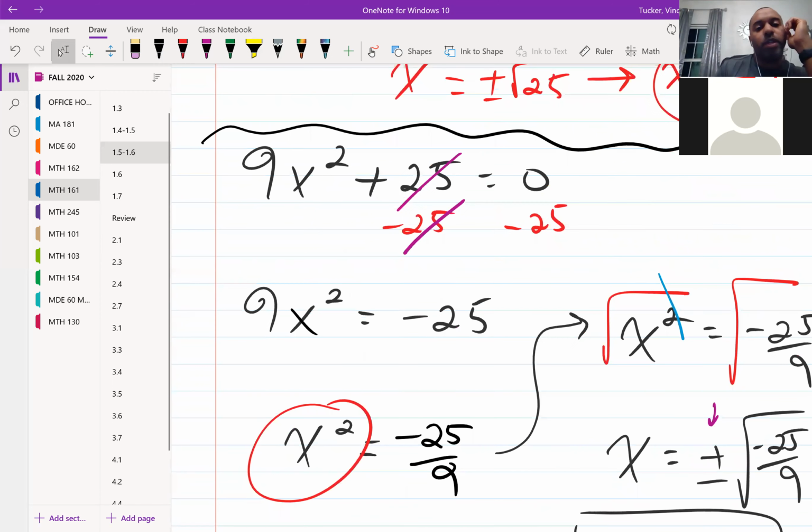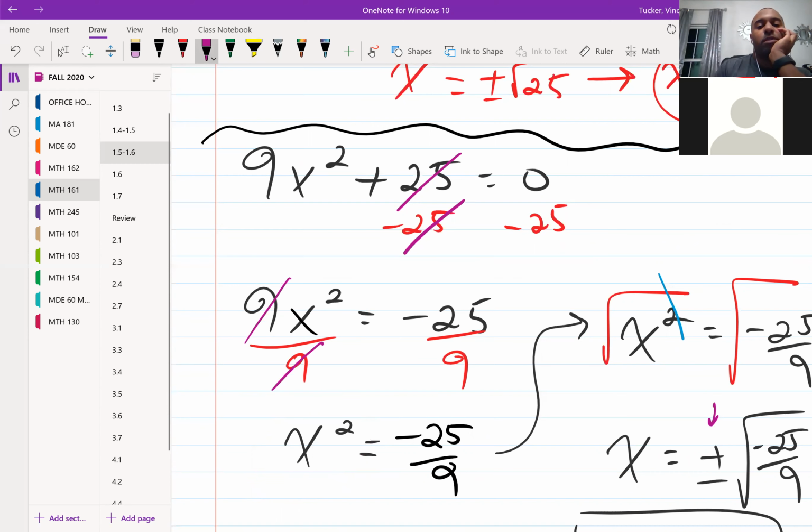And that'll leave us with 9x squared equal to negative 25. Divide by 9. And that will give us x squared equal to negative 25 over 9.